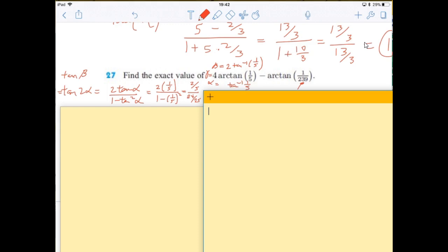If we go the other way, you're just going to get this terrible fractional expression. So first step, we're going to find the tangent of 2 alpha, which is pretty easy to do. Alpha is this here. How do we know we're supposed to find the tangent of 2 alpha instead of just finding 2 alpha?